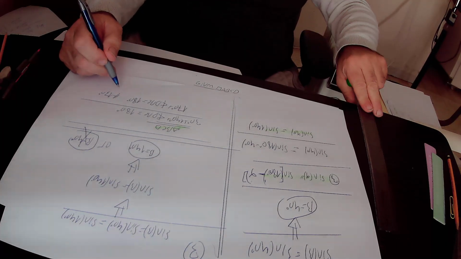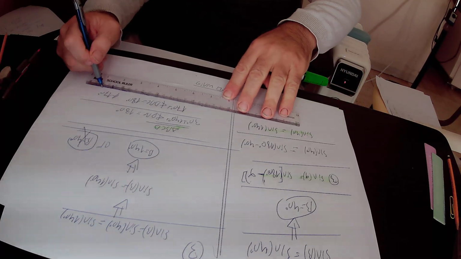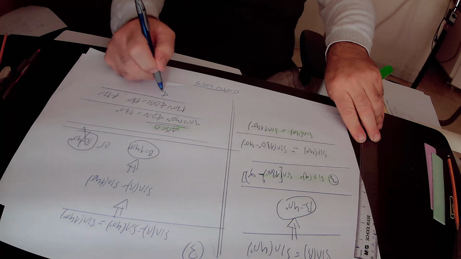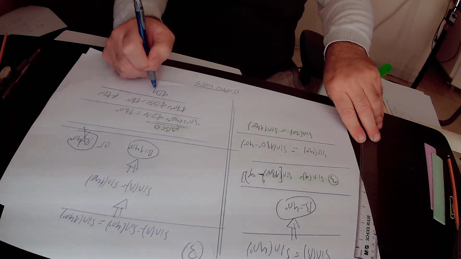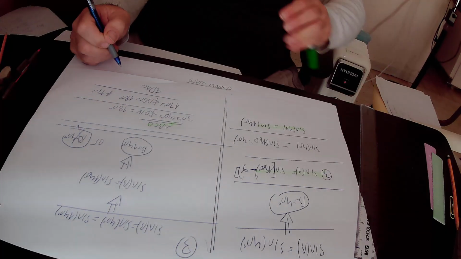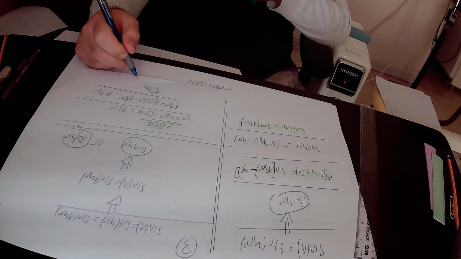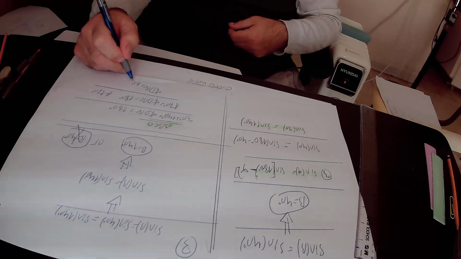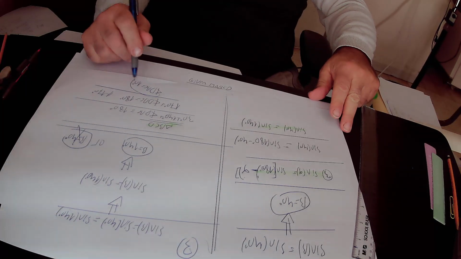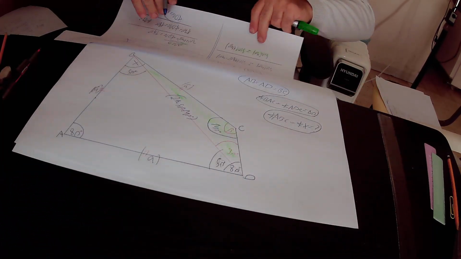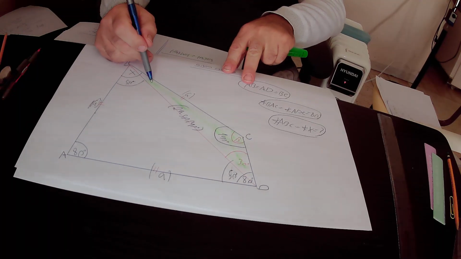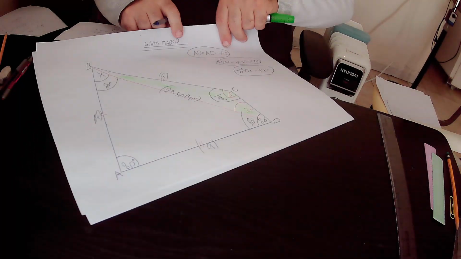And finally, we will get that the missing angle DBC is equal to 180 degrees minus 170 degrees, which is 10 degrees. This is the missing angle DBC, equal to 10 degrees in size.